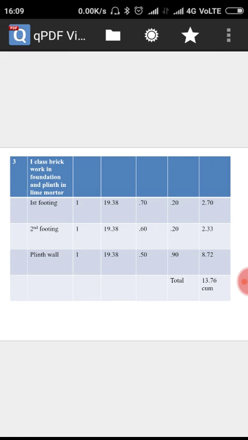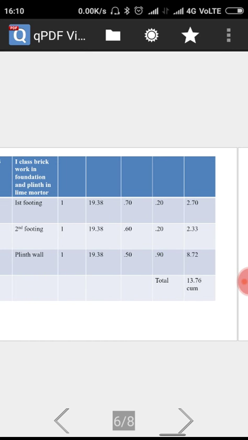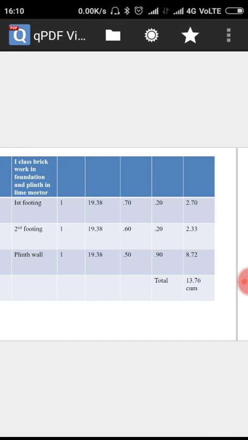Total quantity is 2.33 meter cube. For the plinth wall, length is 19.38 meter, width is 0.50 meter, and height is 0.90 meter. Total quantity is 8.72 meter cube. Finally, the total quantity of first class brickwork for the first footing, second footing and plinth is equal to 19.76 meter cube.